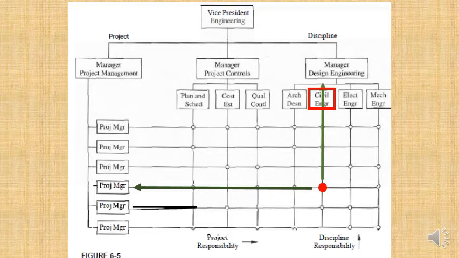Well, in terms of the project, you're going to be reporting to the project manager on your left. He's in charge of the project. But in terms of your everyday discipline, you will be reporting to your manager. That means that whatever civil engineering work you do, you need to take it to your discipline manager first to approve your work and sign it off. And he may be very slow at doing that because he's outside of the project.